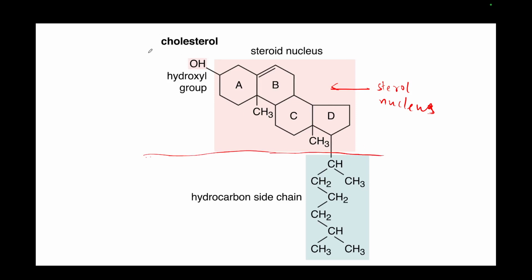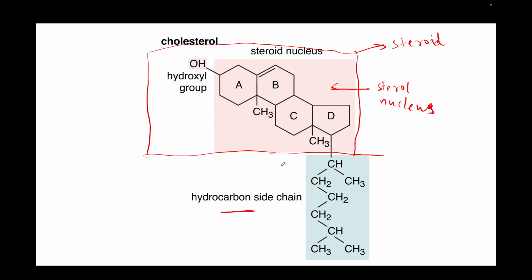You will have the structure of steroid. So the difference between steroid and sterol is basically the presence of, so this whole thing that I have boxed out, this will be steroid. And if I attach this hydrocarbon chain, it will become a sterol.